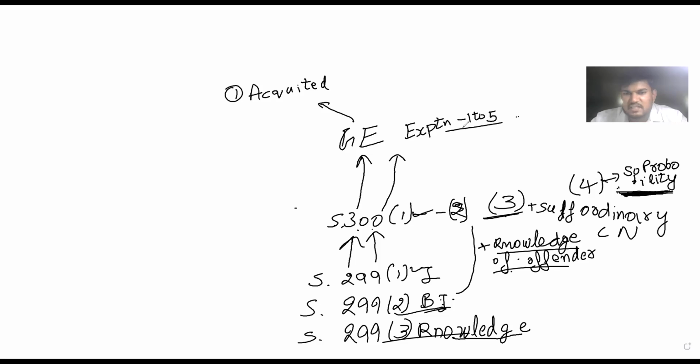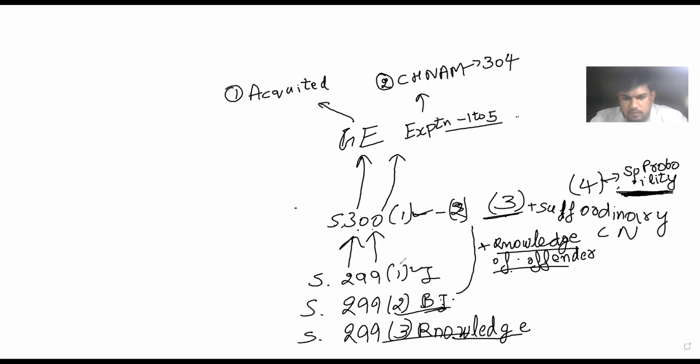If any of these exceptions is proved, the case will fall in culpable homicide not amounting to murder. Culpability under 304. Okay. Now third, what can third be?